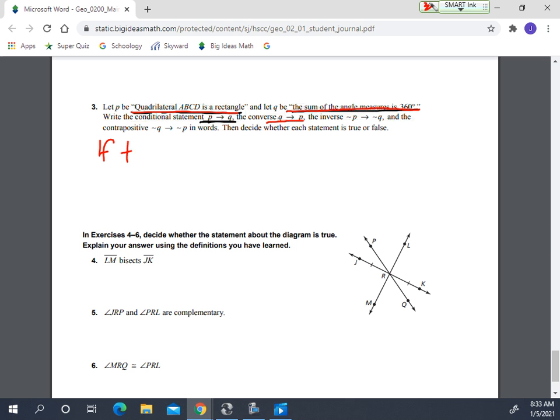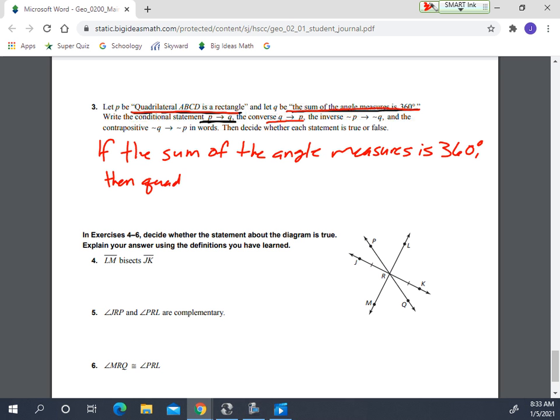So if the sum of the angle measure is 360 degrees, then quadrilateral ABCD is a rectangle.